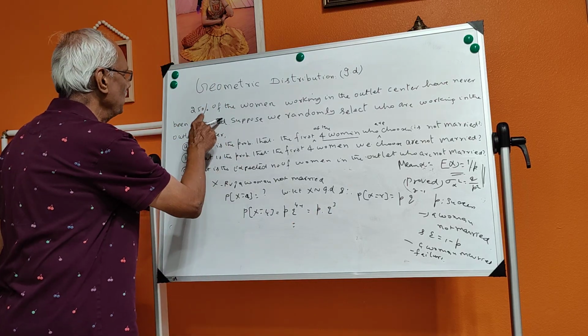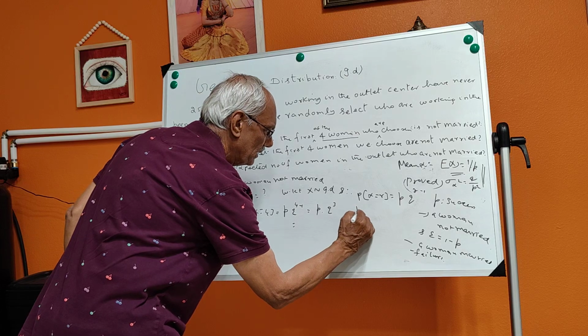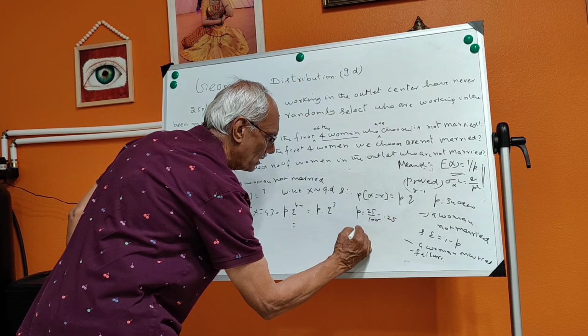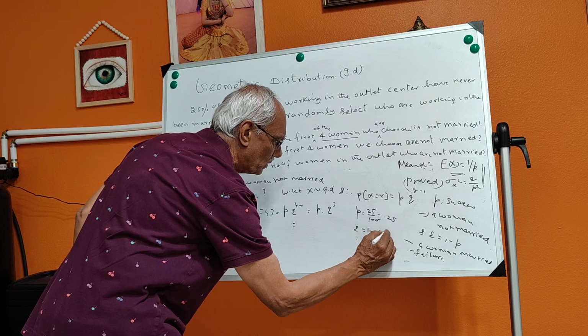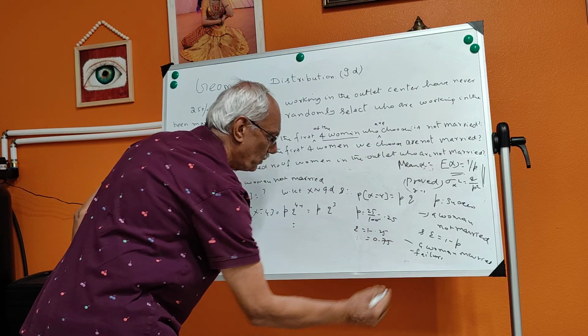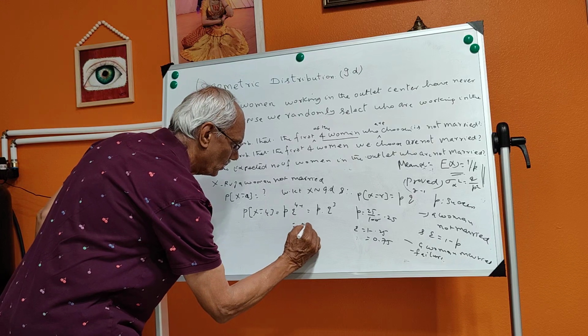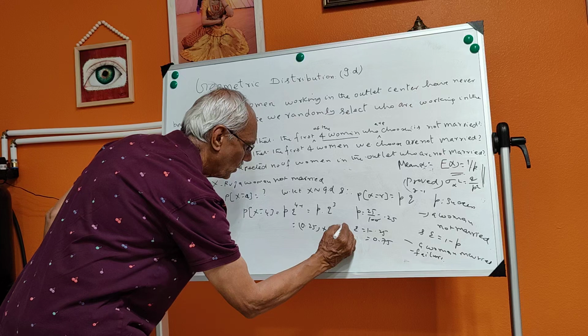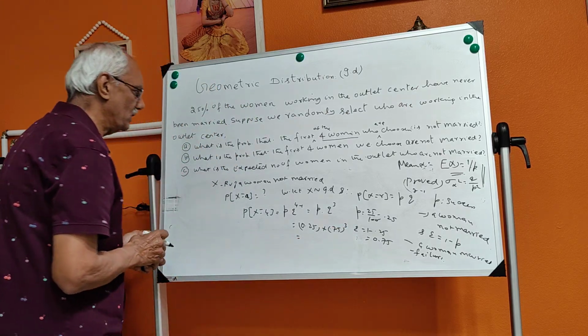P is given to be 25%, that is 0.25. Q is equal to 1 minus 0.25, that is 0.75. So this is equal to 0.25 into 0.75 whole cubed.